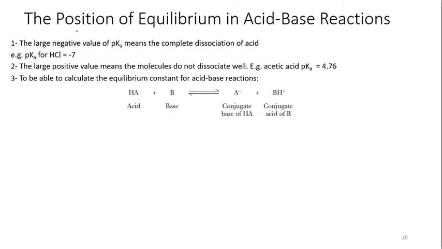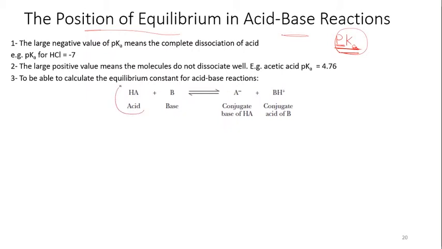If I need to determine the position of equilibrium of an acid-base reaction, what I can deal with is the acid dissociation constant of my compound, or pKa. pKa is the exponent of the dissociation constant of my acid.